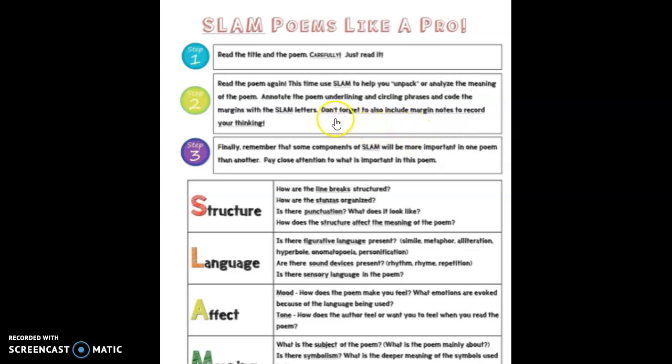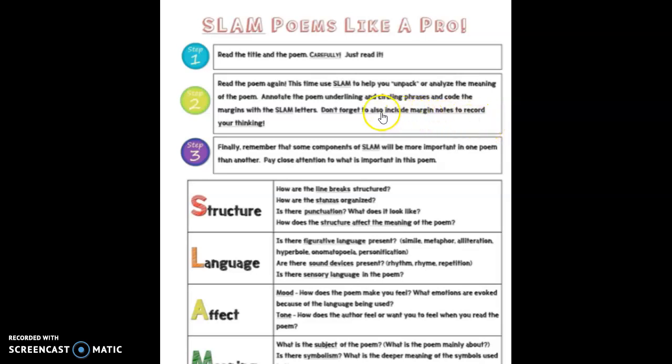We annotate the poem by underlining and circling phrases, right? And we can code it using these slam letters, okay? When we code it, that means that when we notice an aspect of the poem that deals with the structure, or the language, or the effect, or the meaning, we can put the S, the L, the A, and the M there, okay?